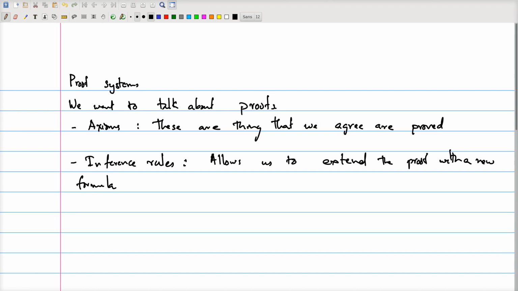An axiom that we might want to use is something like for all alpha, alpha or not alpha. This might be an axiom that we put in our proof system. We know that this is a valid axiom. An inference rule consists of two things: preconditions, which are things that we have already proved, and the conclusion.